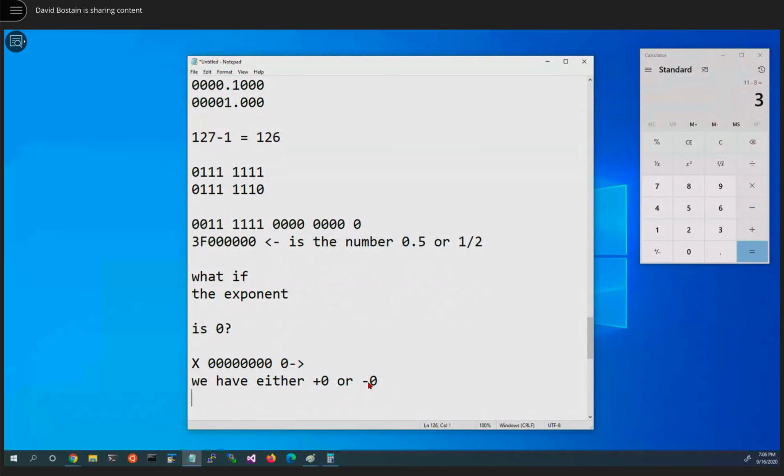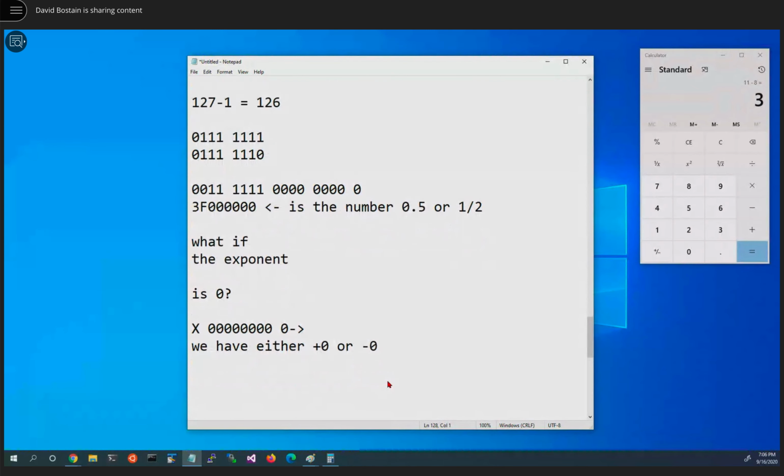Now, plus 0 and minus 0 compare equal by the hardware, so it doesn't matter. They're not different numbers. They are written differently and might be computed differently. A problem might give you a minus 0, might give you a plus 0. But when they're compared, they're identical. The rule for having a 0, though, is the exponent is all zeros, and so is the mantissa. So there is no normalized 1 hiding away anywhere.